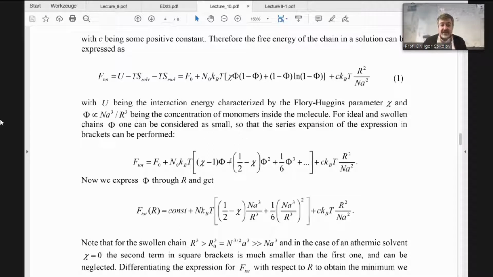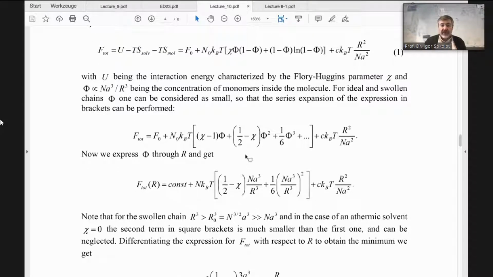What is phi? The concentration of monomers, the total concentration of the monomers within a ball of radius r. So I express this phi via N a cubed divided by r cubed.